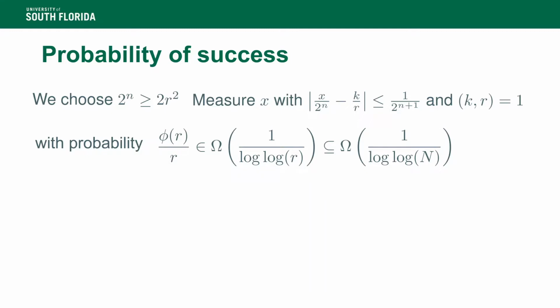So how do we bound that probability of success? Well, we can choose an n such that we have that inequality satisfied. And then we will get an x within those bounds, such that x over 2 to the n minus k over r is less than 1 over 2 to the n plus 1. And that will happen.